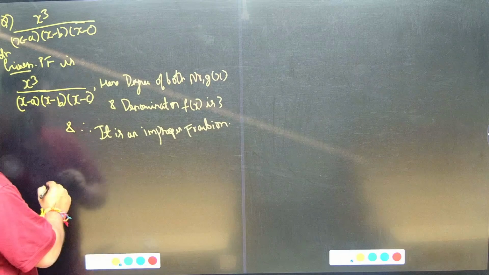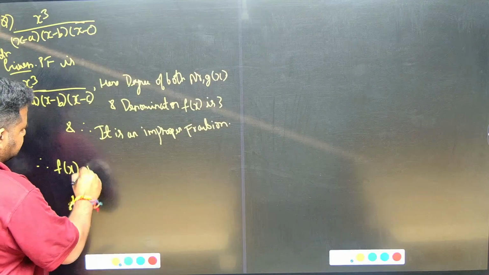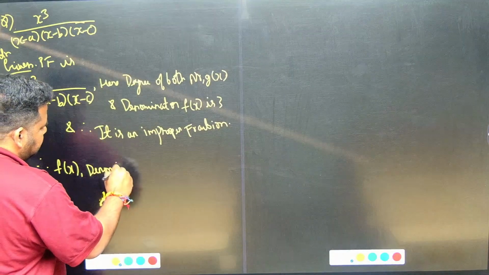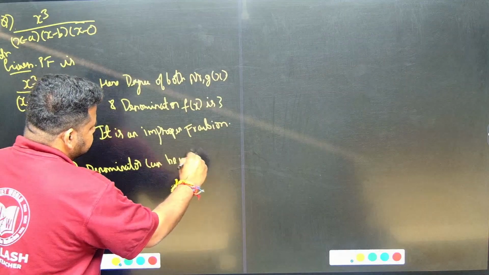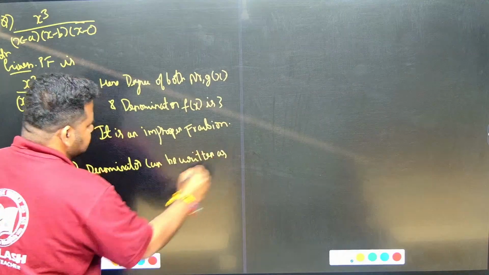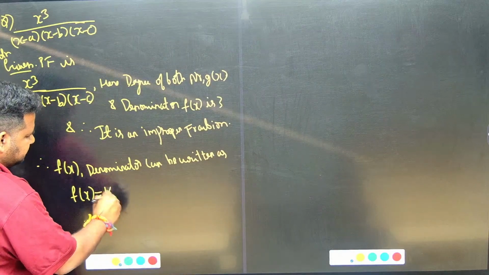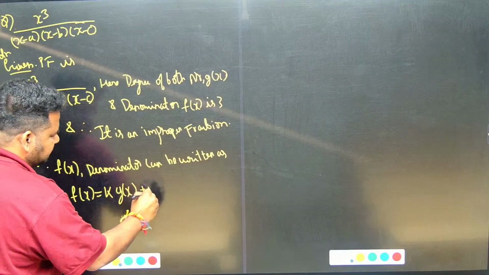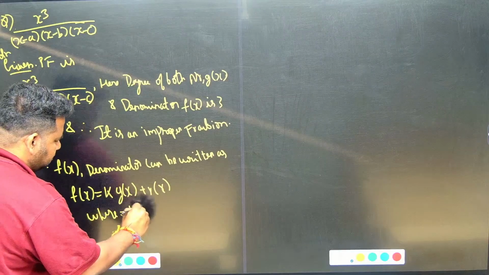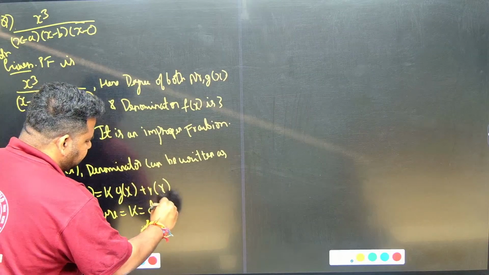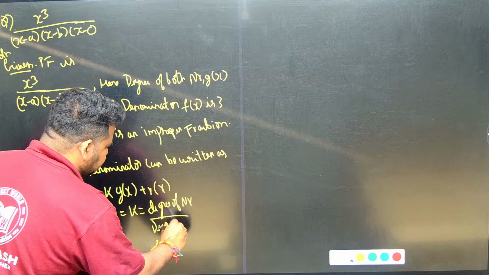Otherwise what you can do is write f of x as k times g of x plus r of x, where k is the degree of the numerator by the degree of the denominator.